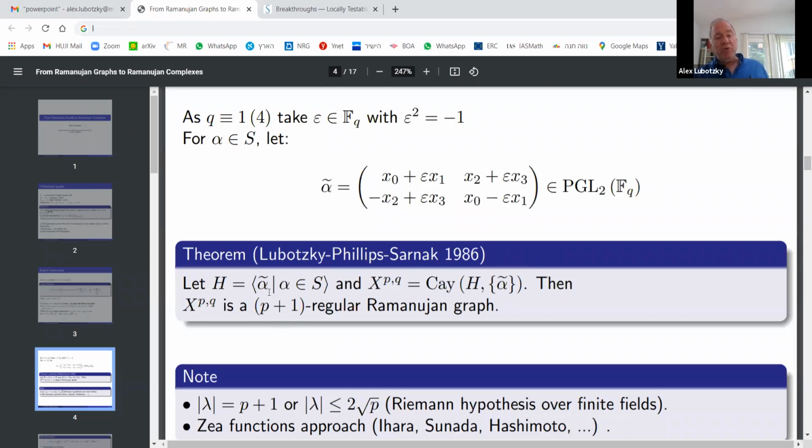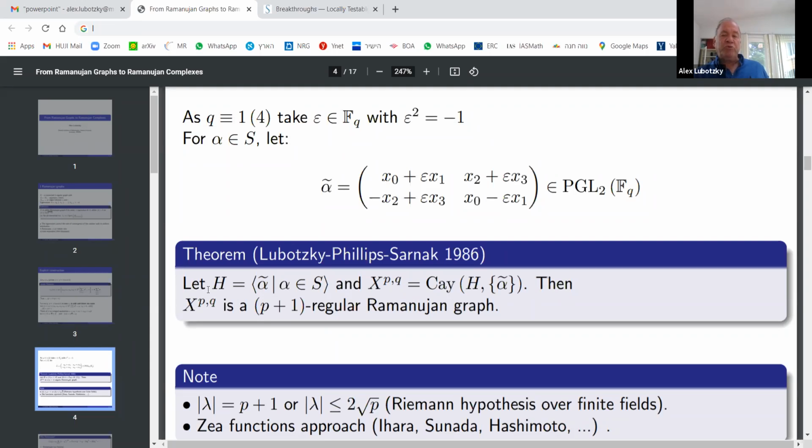For every one of the alpha in S, we got alpha tilde in this group. Now let's look at H, the group generated by these alpha tilde. It is not difficult to determine what this group is.